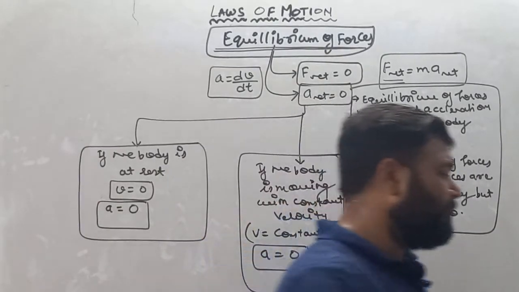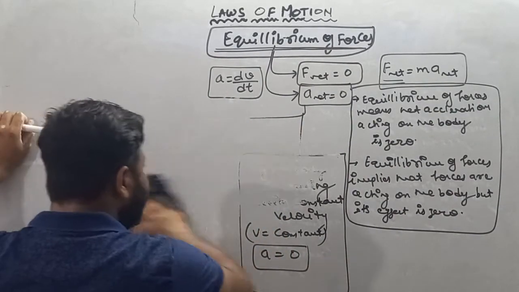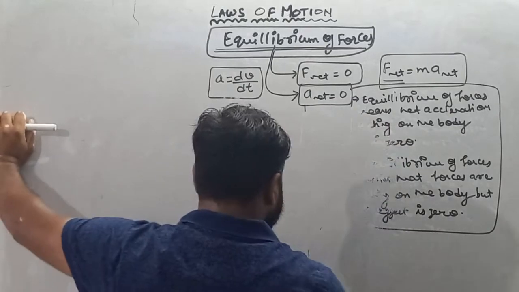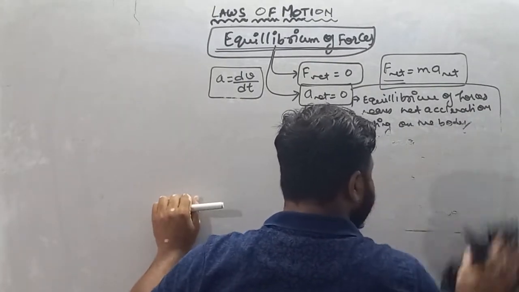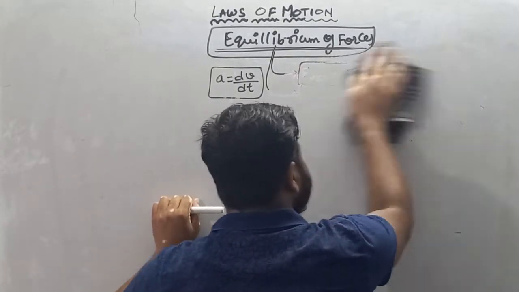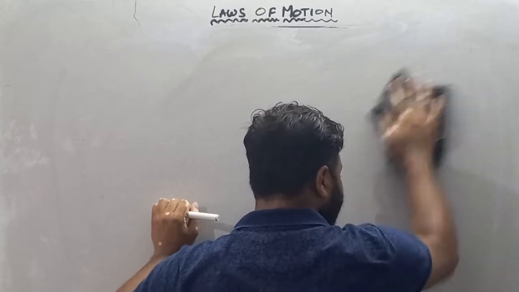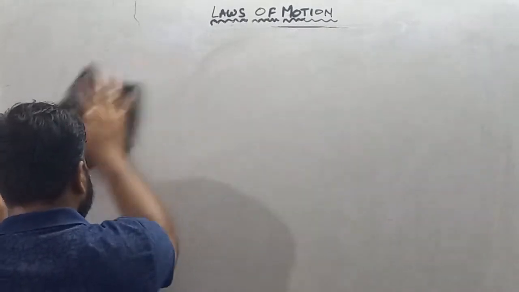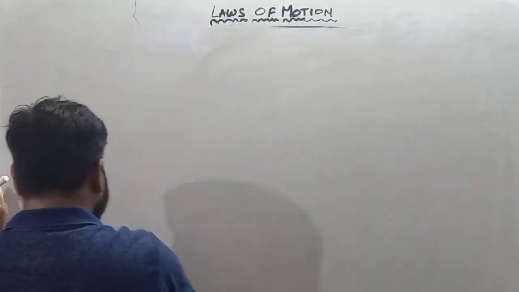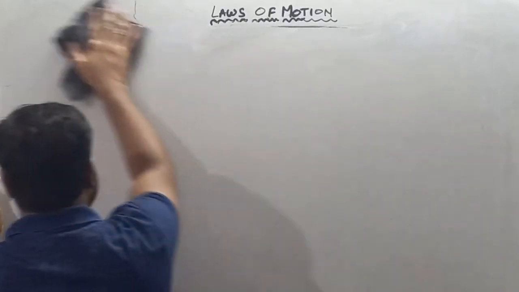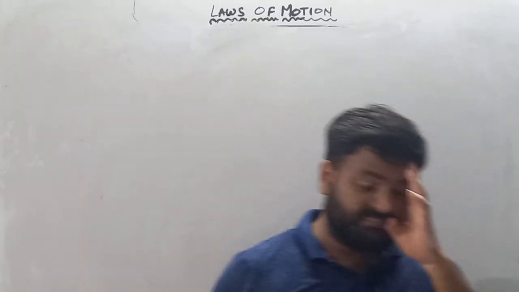So write down in the form of a note: if the body is in equilibrium, it implies forces are acting on the body but equal in magnitude and opposite in direction.